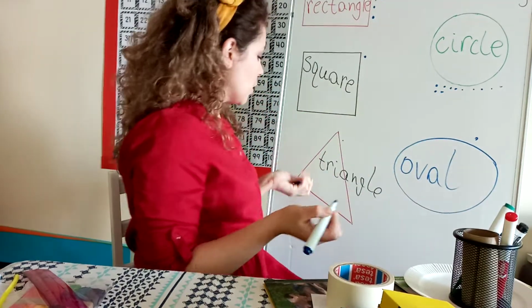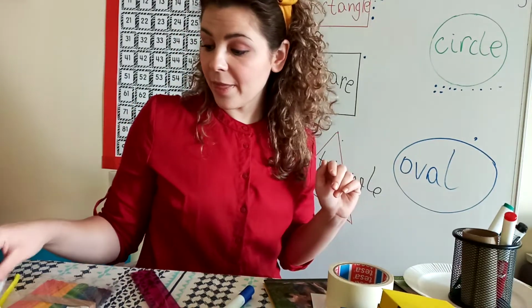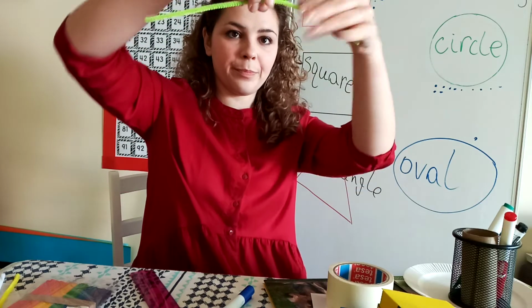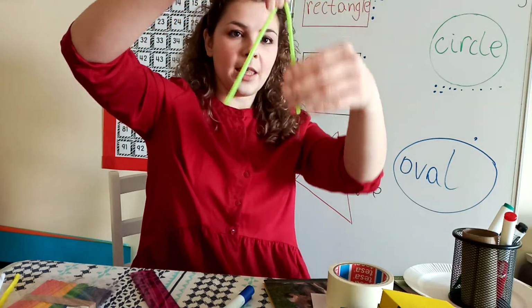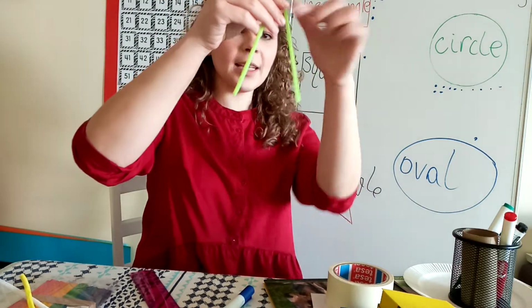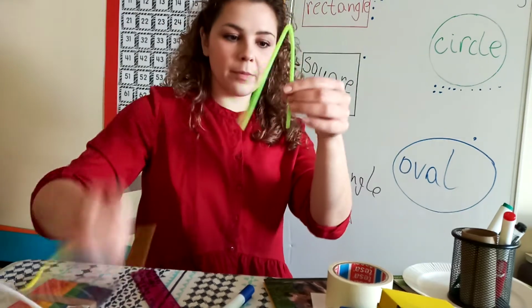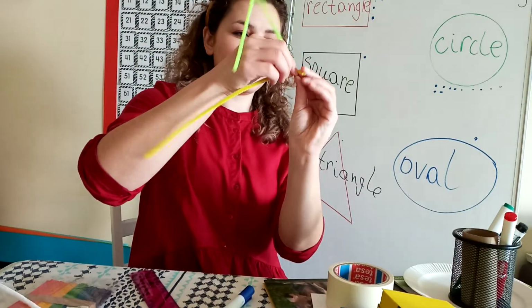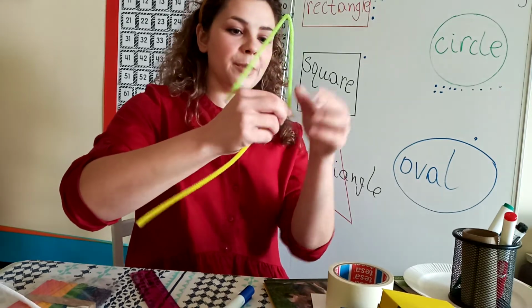Okay, now guys, look, I have nothing for triangle, but how about if I construct something? So I have this pipe cleaner, so I'm going to fold like this here. And now I have two sides, but a triangle has 1, 2, 3 sides, so I need one more. So I'm going to use another one. Okay, wrap it here.